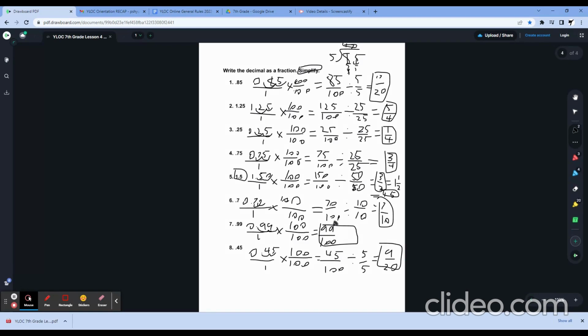So 99 over 100 is the fraction we get. And for this particular value, we actually don't have a greatest common factor besides 1. So we can't take any value that is equal to more than 1 from both the top and the bottom. So we just leave it as is.